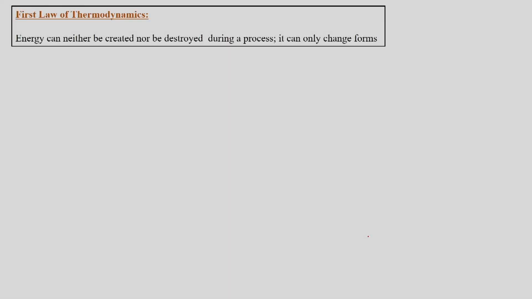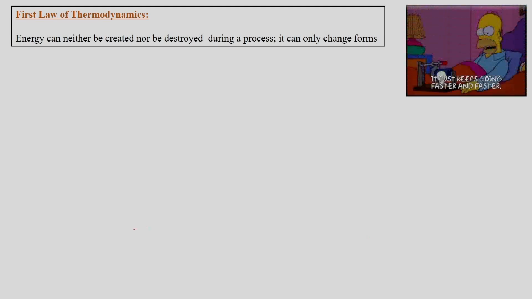So, we have the first law of thermodynamics, the law for energy, and it states that energy can neither be created nor be destroyed, but one form of energy can be changed into another form of energy. So it is not possible to generate any energy.